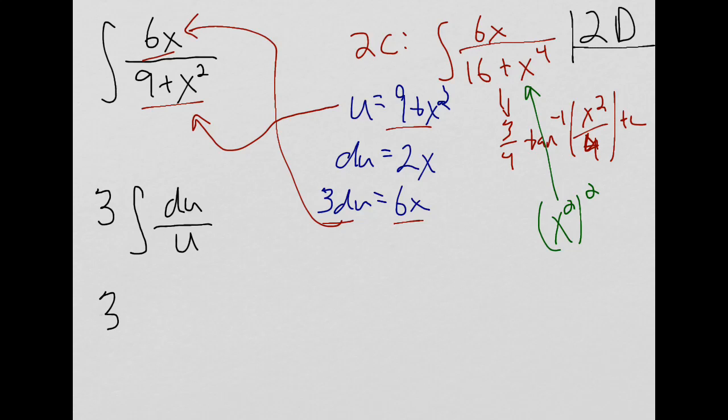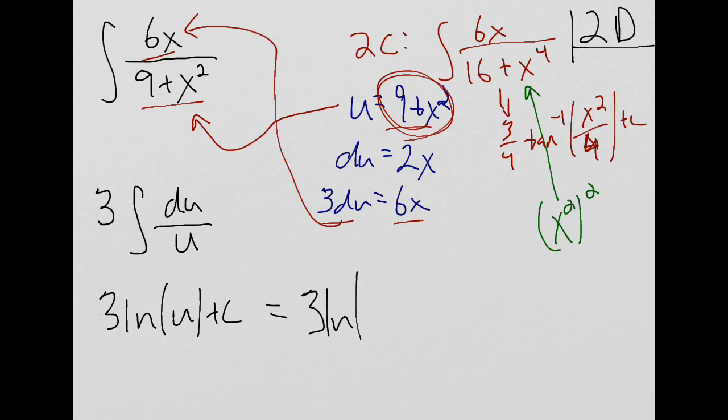So this is 3 ln of u plus c. And now I just need to replace my u with the original u that I chose right there. So my final answer is 3 ln absolute value 9 plus x squared close plus c.